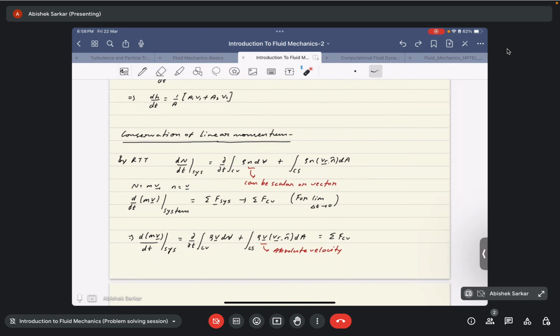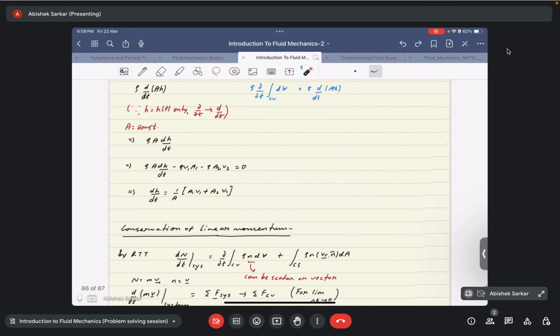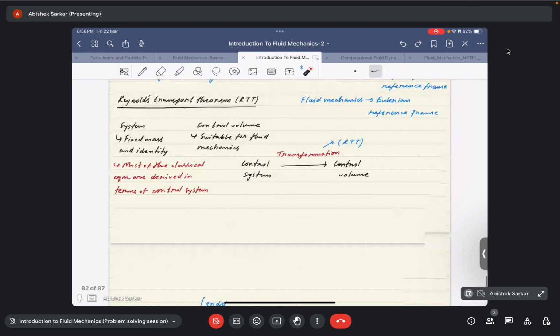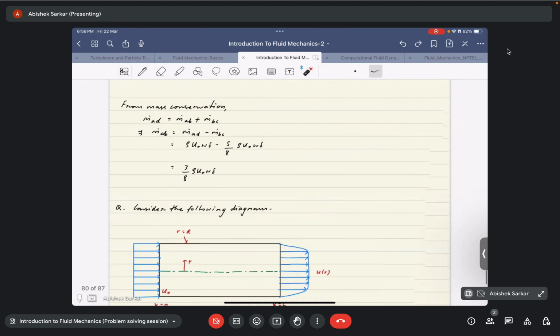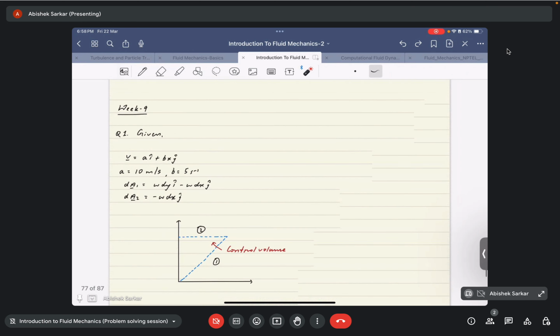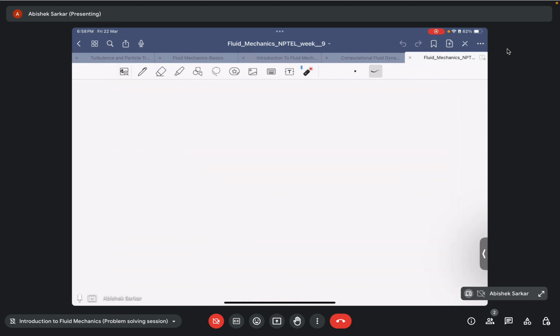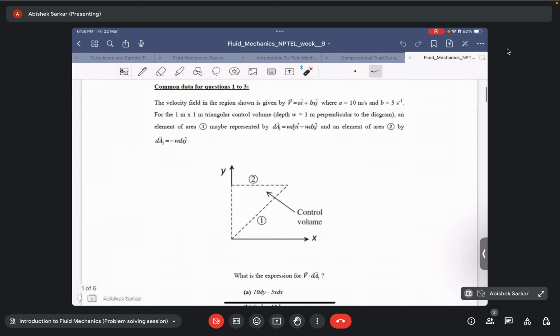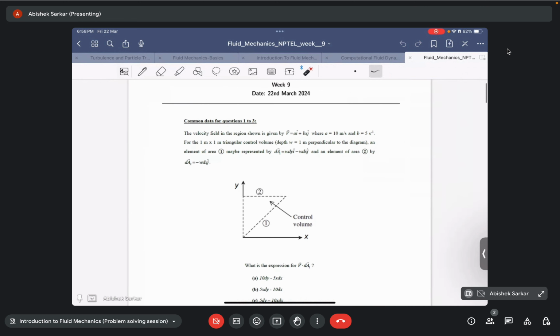Okay, so I think now we can directly go and try to solve problems related to mass conservation and the Reynolds transport theorem for today's session. Okay, so we can start with the first question, and I will say this week's session questions are not that difficult, but again they're very important because they give us a proper insight of how to approach the problem from the perspective of the Reynolds transport theorem and consequently mass conservation.